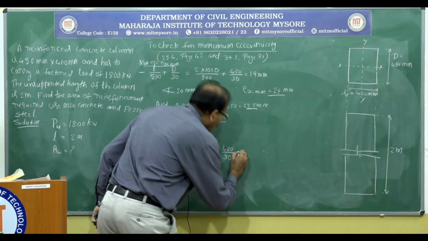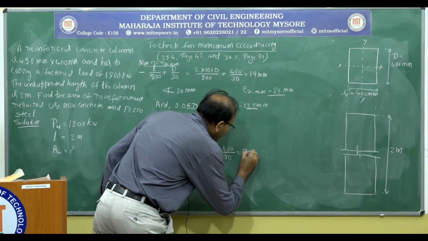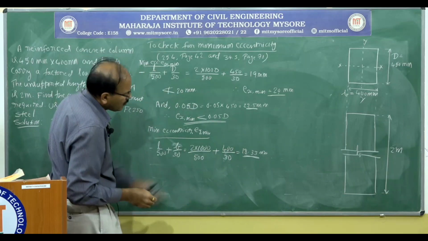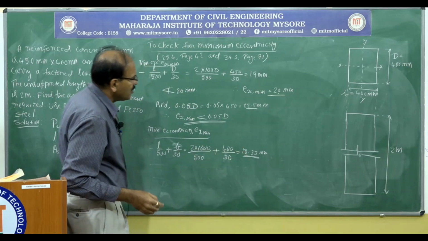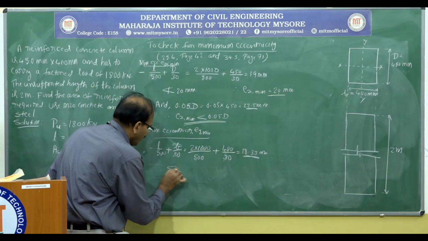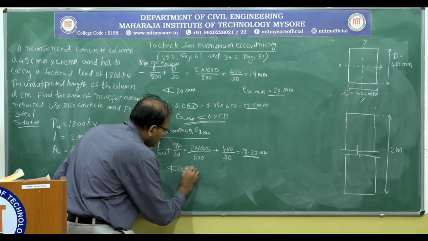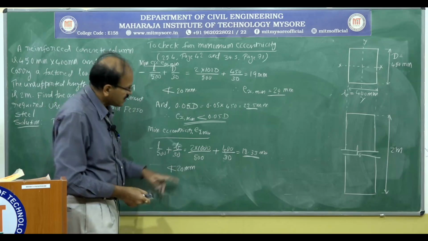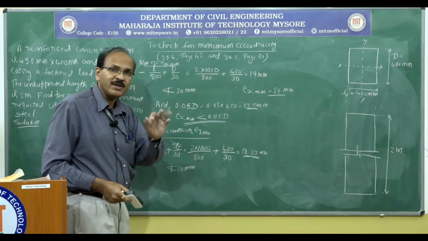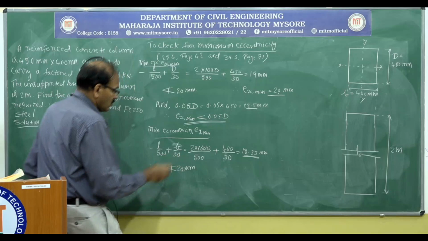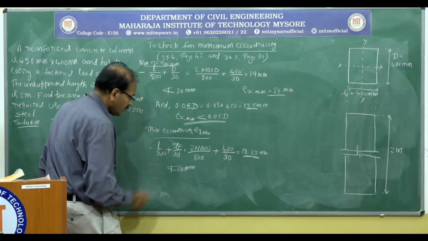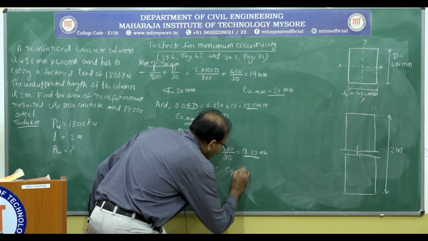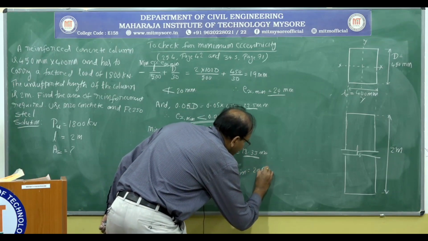So it is 18.33 millimeter. Of course, whatever eccentricity we calculate should not be less than 20 mm, and if it is less, take 20 mm. In other words, take the higher of these two values as the minimum eccentricity. Therefore, Ey minimum we are going to consider is 20 mm.